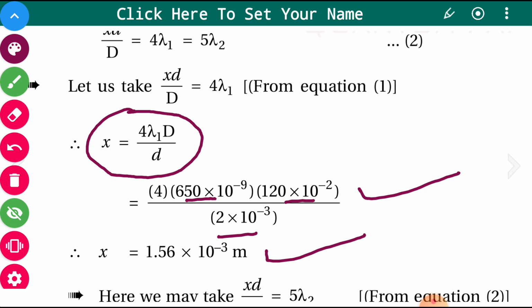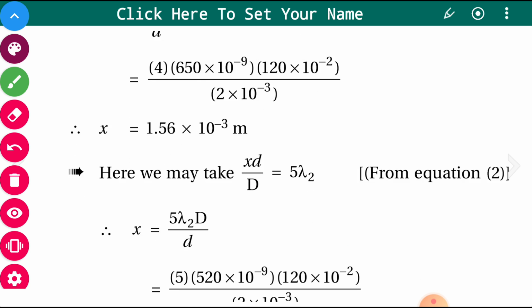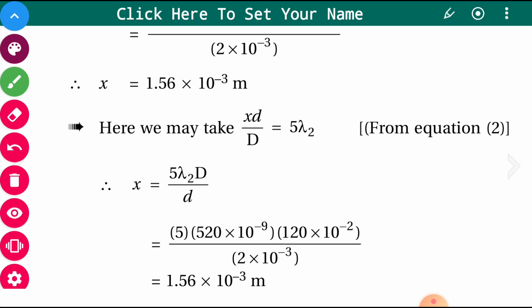So x is equal to 1.56 into 10 to the power minus 3 meter. Similarly, if you take 5 lambda 2, then also the answer will be the same. Both ways you can calculate, any one you have to calculate.